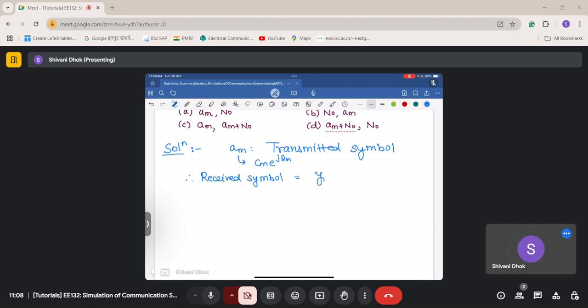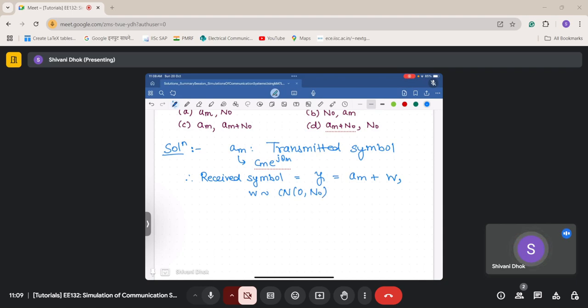is Y, which is whatever you are transmitting, AM, plus your AWGN noise W, where W is Gaussian with zero mean and variance N naught.